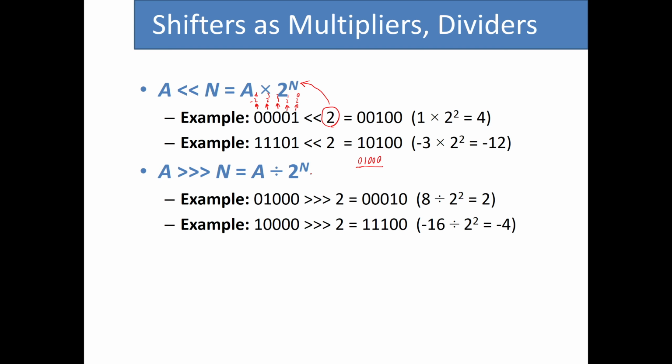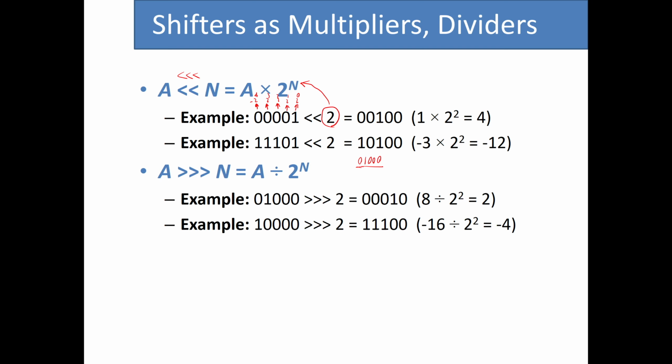You also need to consider that logical left shift and arithmetic left shift are exactly the same. So it doesn't matter whether you do a logical left shift or an arithmetic left shift. The results are exactly the same.